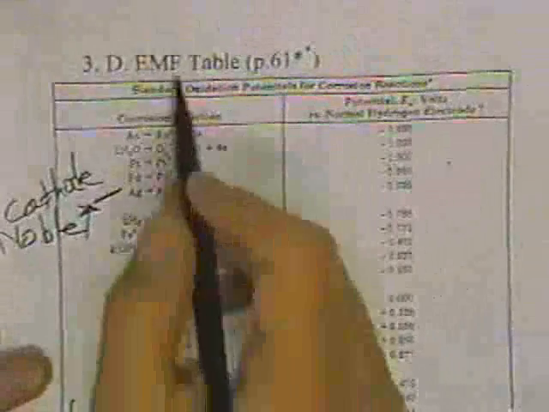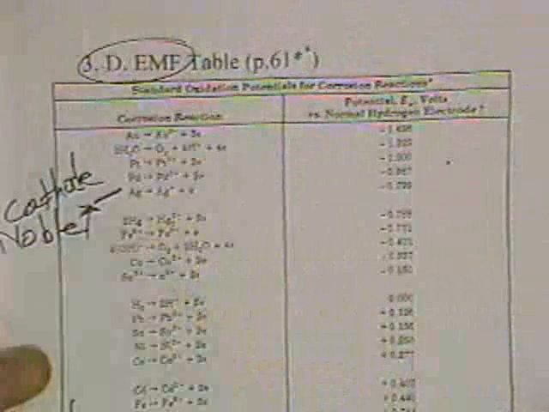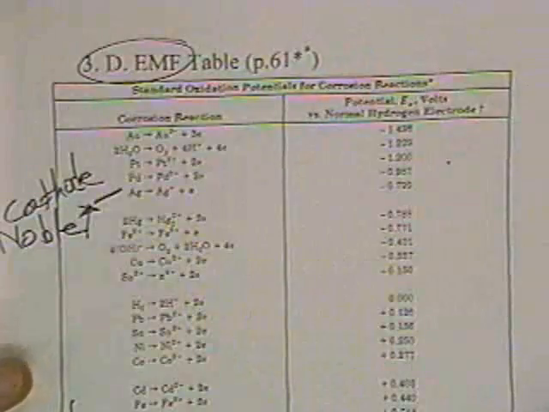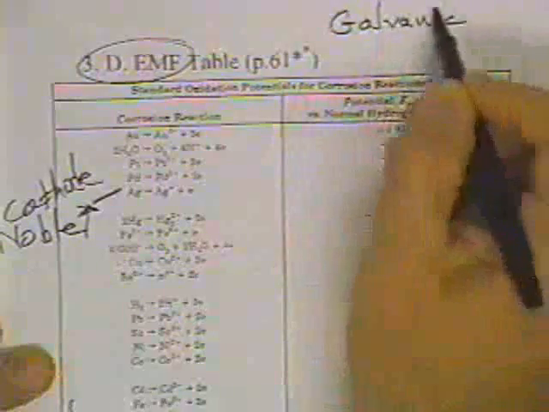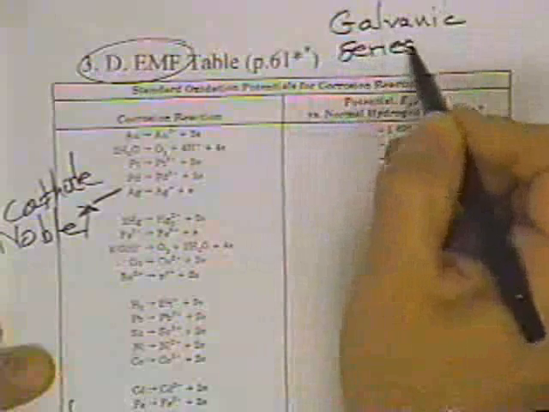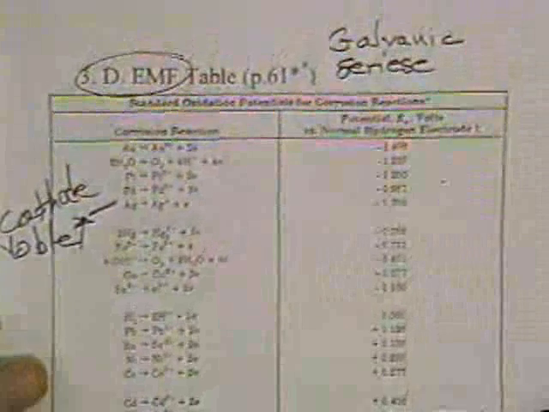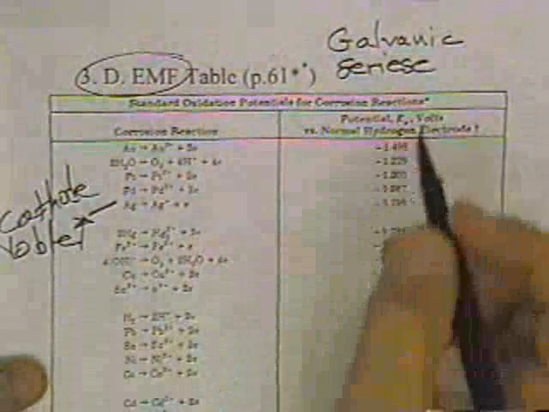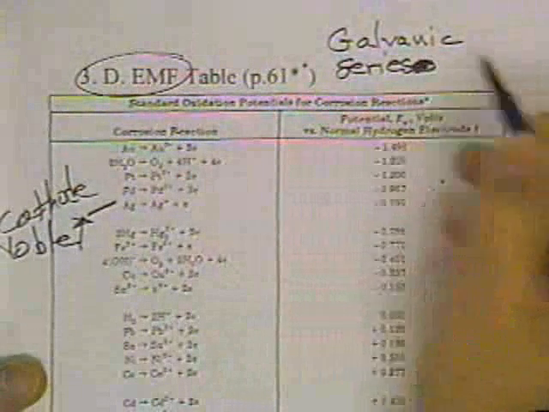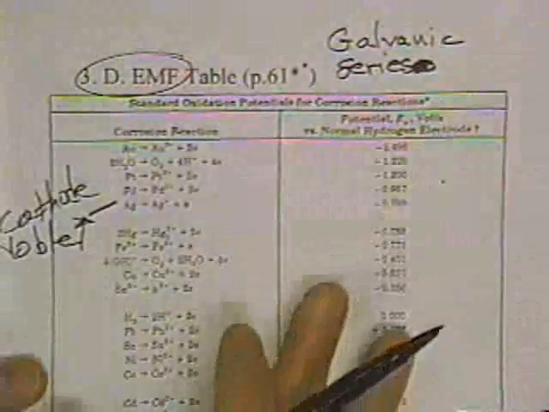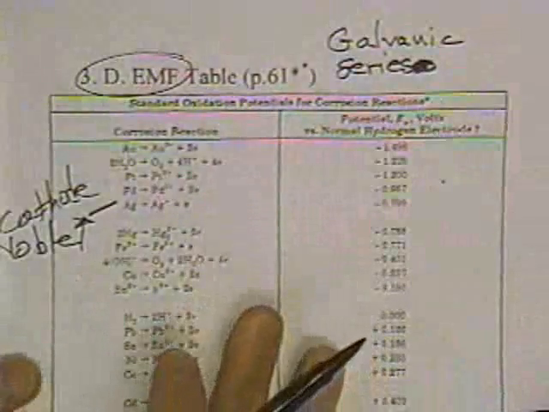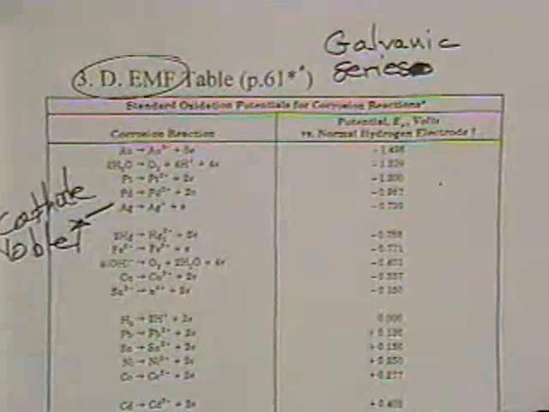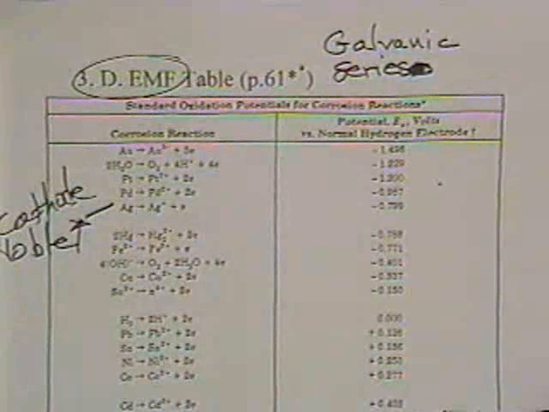Now this EMF table is under equilibrium conditions, and there's another chart which is sometimes used, and that would be the galvanic series, where the galvanic series actually lists alloys. But this EMF chart is a good first start if you're trying to decide what would be the anode and what would be the cathode.